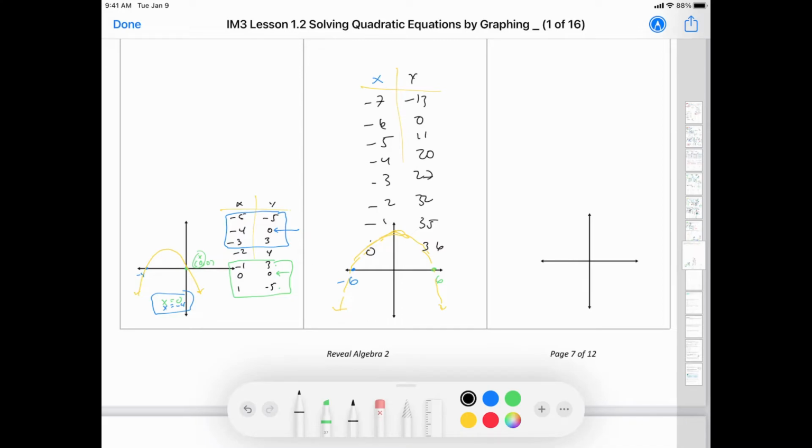I'll just show you guys the blue one. The blue one, the answer is between -7 and -5 right here. There's a 0, and 0 is between a negative and positive number. So our answers are x equals -6 and x equals a positive 6.